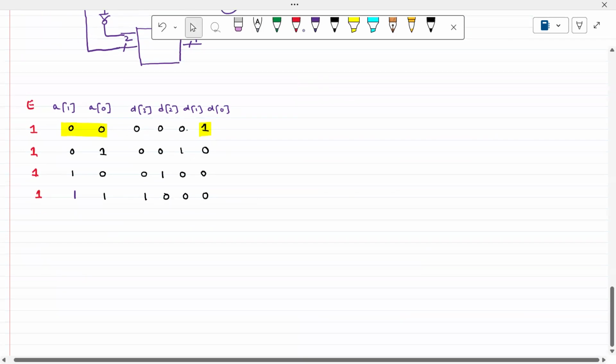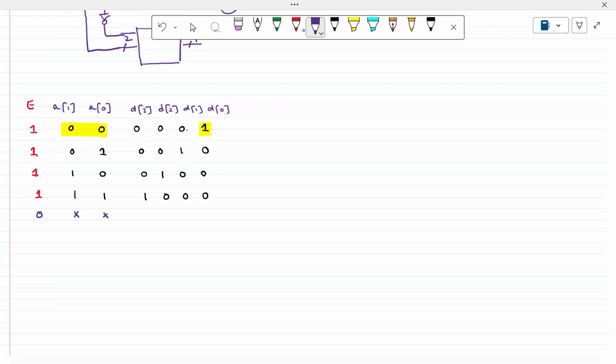If the enable signal is not there, irrespective of whatever the input is, the output is 0. All are zeros. Did you catch this point? If the enable signal is 0, don't expect any output. If the enable signal is 1, then based on the input, we will see the output. Hopefully you caught this point, right?